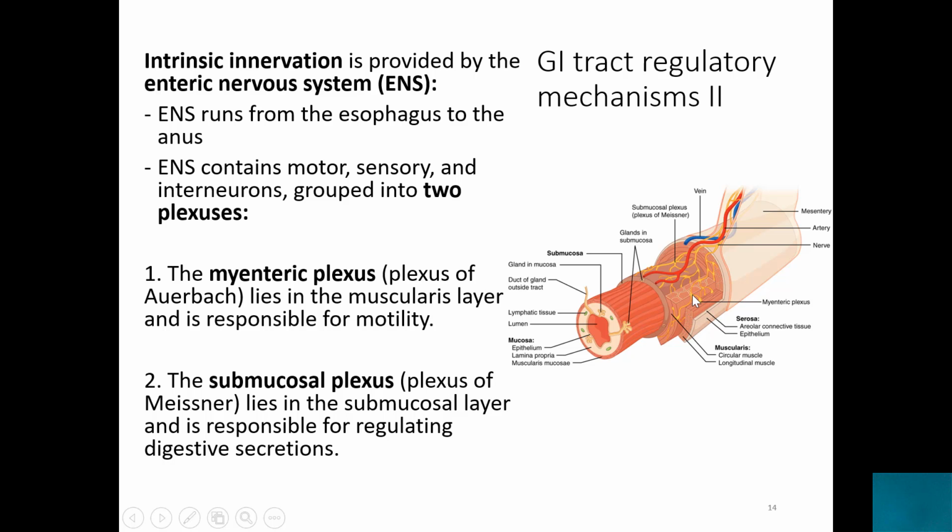When it's activated, muscles contract and move food through the tube. The submucosal layer is located right here, or another name for it would be plexus of Meissner, and it regulates digestive secretions, all those glands producing mucus and different hormones into the tube.